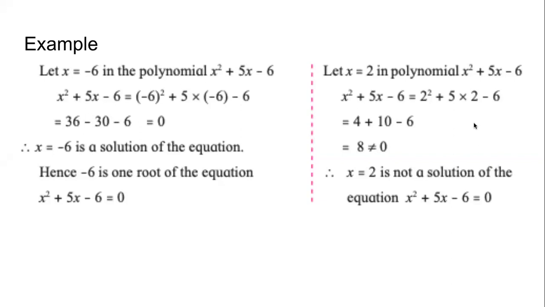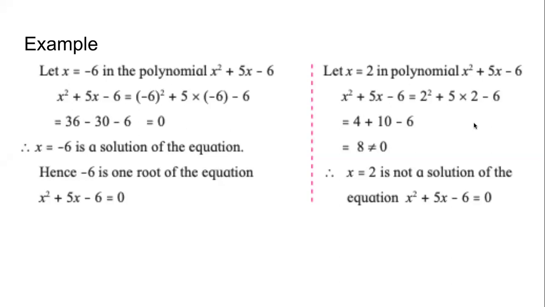Generally, root is used with the polynomial. And here it says x equals to minus 6 is the root of the equation x square plus 5x minus 6 equals to 0. We started with a polynomial, and this is the root of a polynomial or a solution of an equation. Here it is using the same word root in both cases.